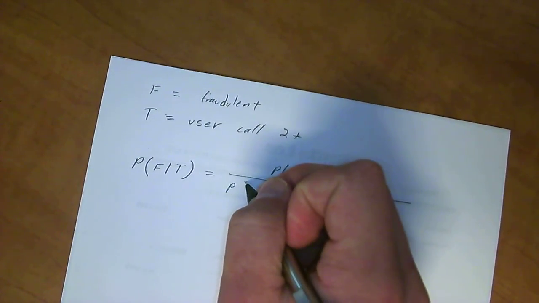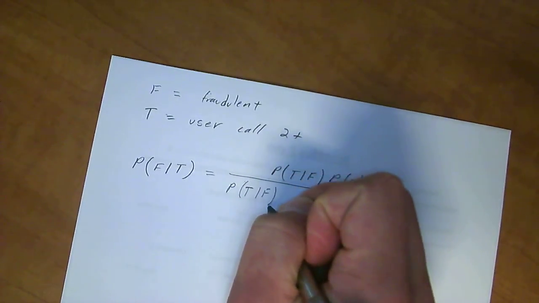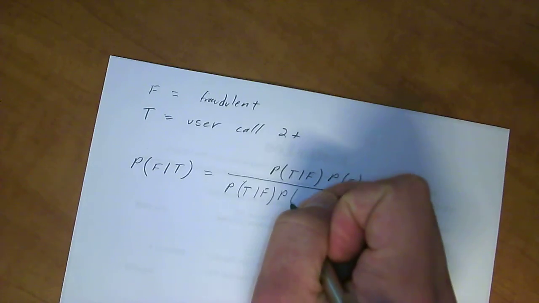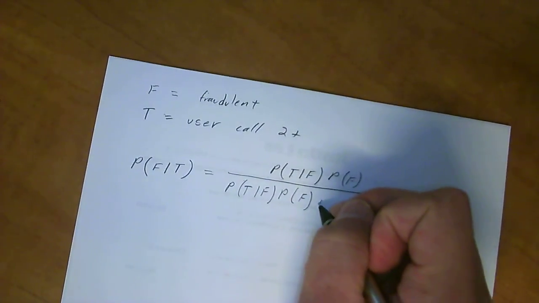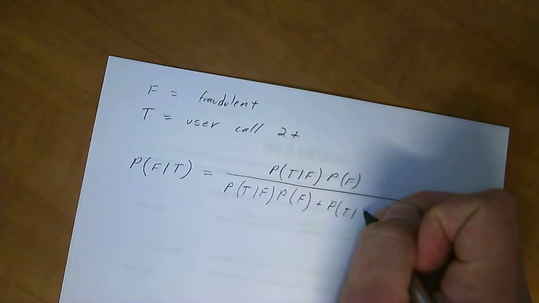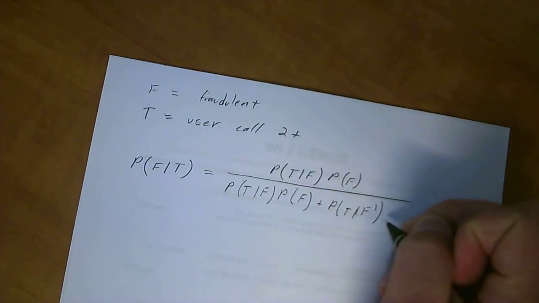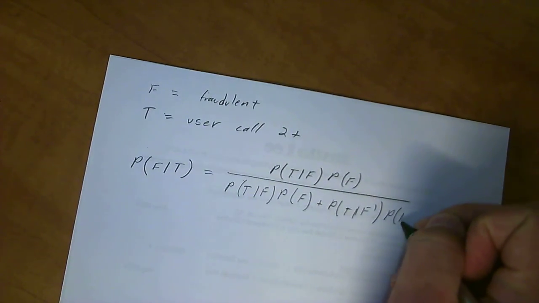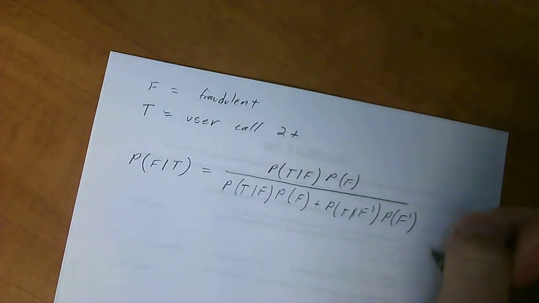Moving to the bottom, using Bayes' theorem, you basically take all the conditions and add them up. So the probability of 2 or more calls given fraudulent times the probability of being fraudulent, the repeat of this, plus the probability of 2 or more calls given not fraudulent times the probability of being not fraudulent.